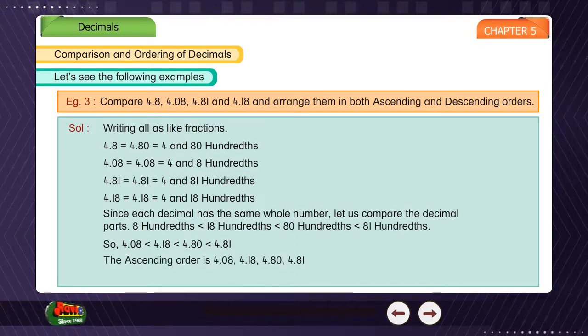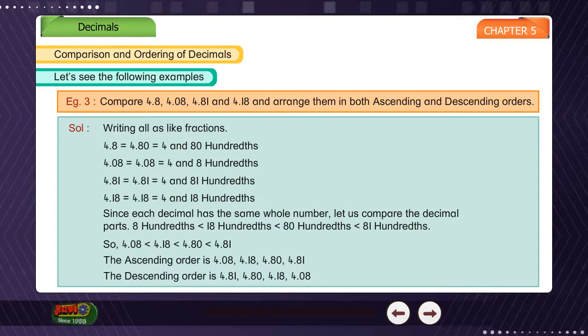The ascending order is 4.08, 4.18, 4.80, 4.81. The descending order is 4.81, 4.80, 4.18, 4.08.